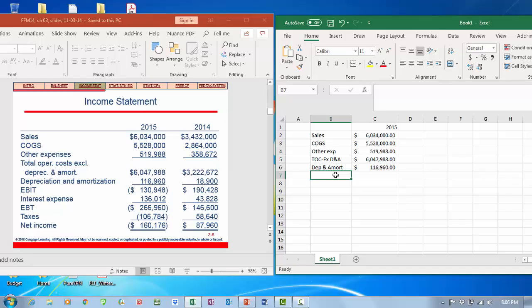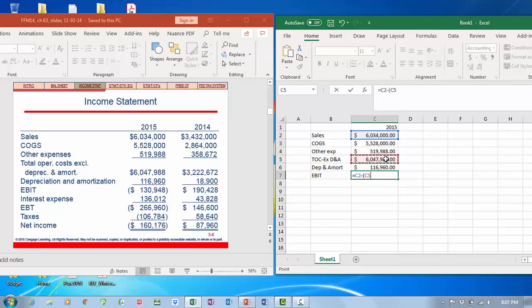So the first major milestone in the income statement is EBIT, which is earnings before interest and taxes, and this is going to be equal to the 6,034,000 sales figure minus the depreciation and amortization and the total operating expense.